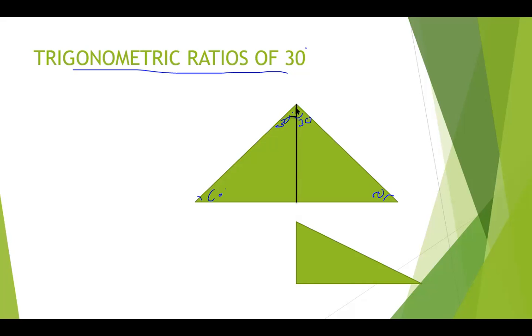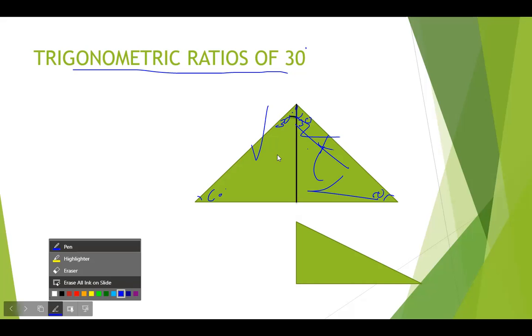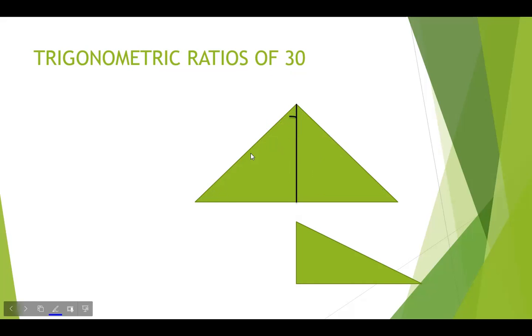So here, if I forget about this side, I consider only this one, then that looks like this one. Or if you forget the other half, and this is 30 degree, then the triangle looks like this. So now, if the total length is 1, then this will be 1 by 2.